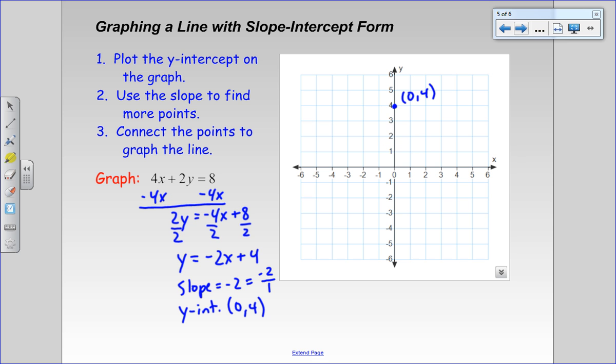So we actually count down 2 units and to the right 1 unit to reach the point (1, 2). Then we can repeat that process, down 2 to the right 1 to reach the point (2, 0). And then we can connect these 3 points to complete the graph of our line.